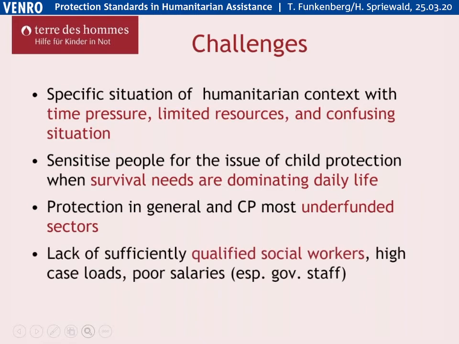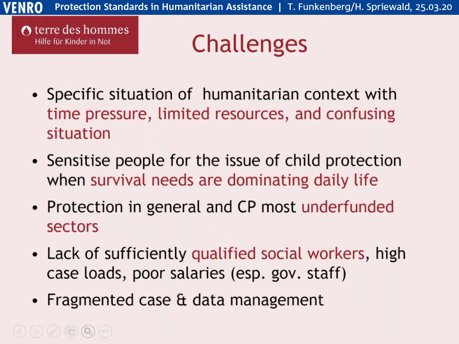There is a lack of sufficiently qualified social workers. For example, with a high caseload, there are not enough social workers to address cases. Then there's also poor salary, which makes it difficult to encounter child protection issues. And we have fragmented case and data management.